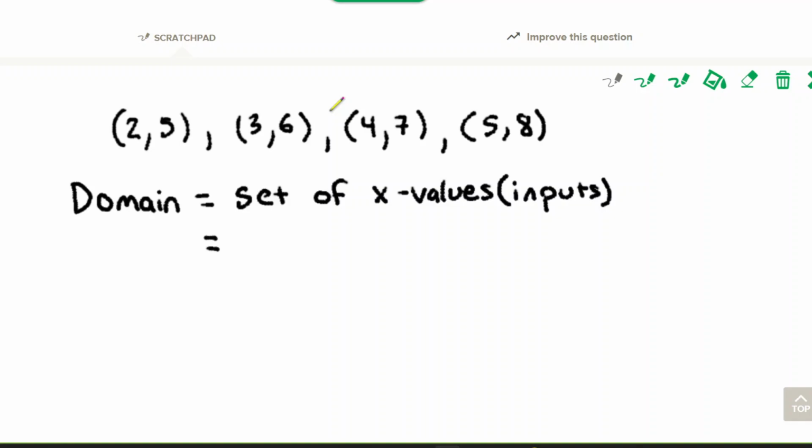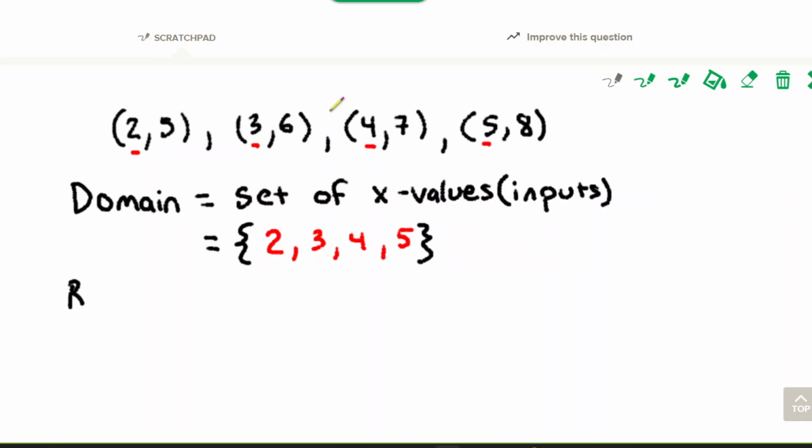So in this particular set of ordered pairs, the domain is all of the x coordinates, right? So 2, 3, 4, and 5. So I'll write those in red here. 2, 3, 4, and 5, right? That's the domain of this set of ordered pairs, the domain of this relation.